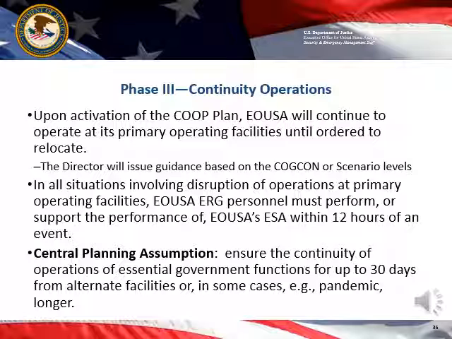In all situations involving disruption of operations at primary operating facilities, EOUSA Emergency Relocation Group personnel must perform or support the performance of EOUSA's essential supporting activity within 12 hours of an event and will ensure the continuity of operations of essential government functions for up to 30 days from alternate facilities or, in some cases, longer.